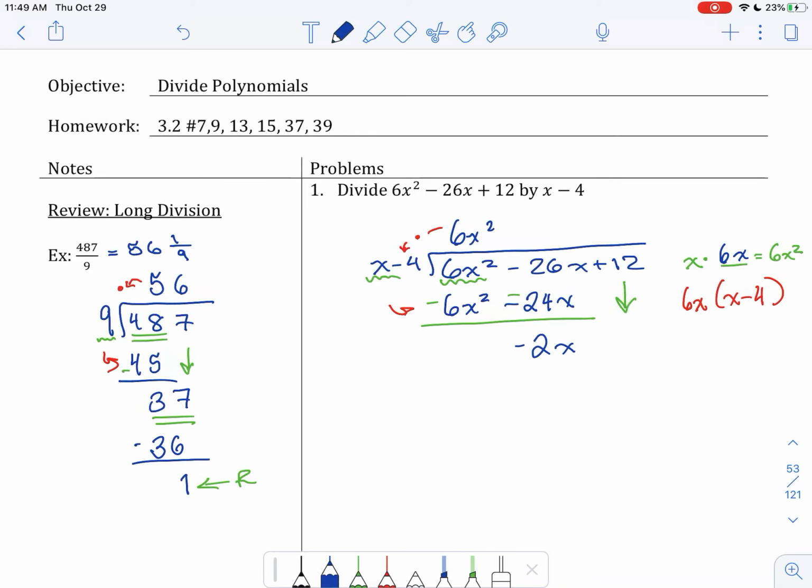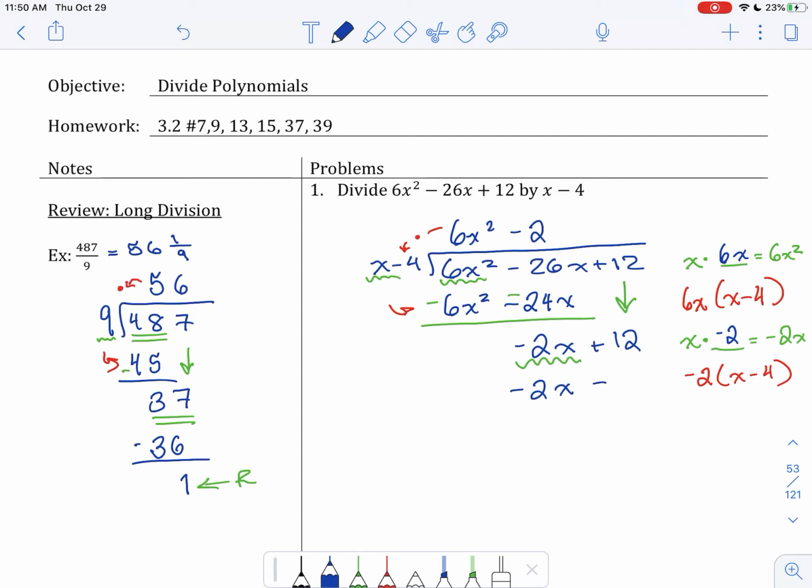And just like before, we go to the next term, bring it down. Now we ask ourselves the same question, but we're just looking down at this line, and we ask ourselves x times what is going to equal negative 2x? Well, in this case, negative 2. So put that in the top there. Multiply it down. So what is negative 2 times x minus 4?